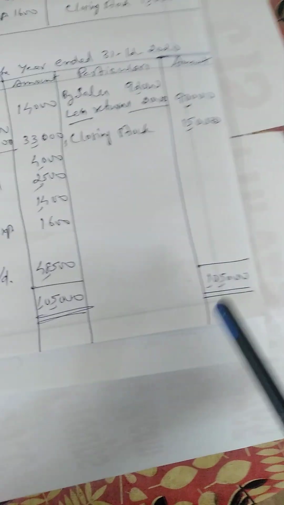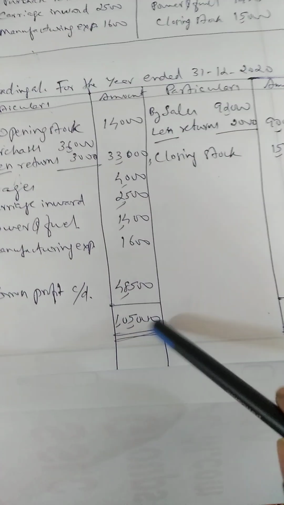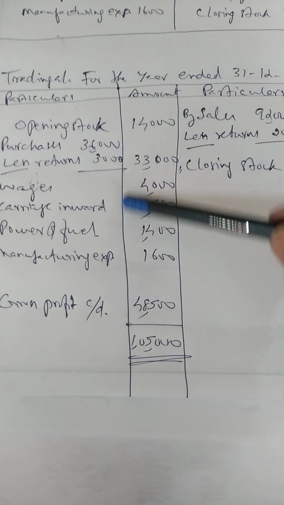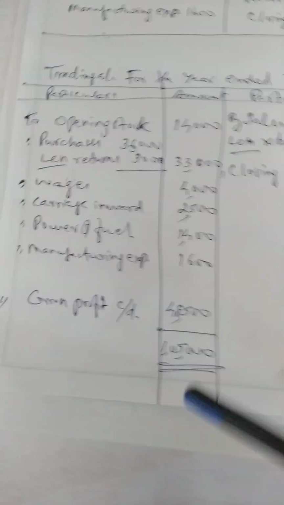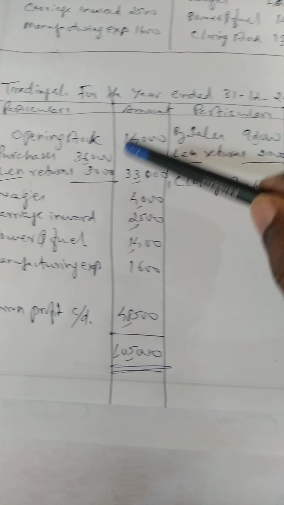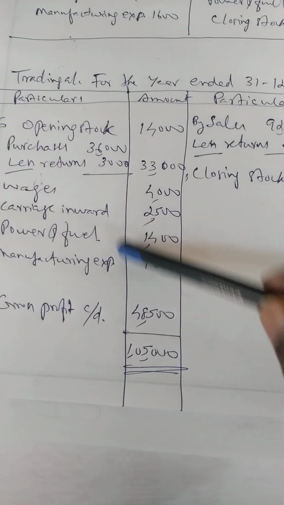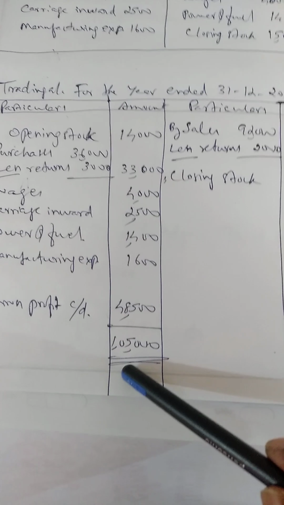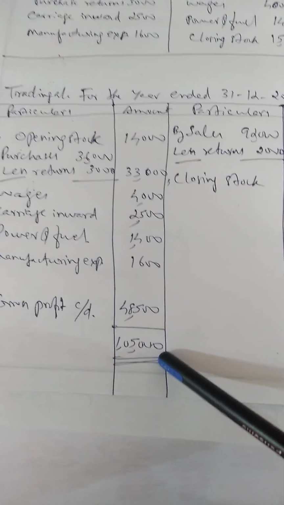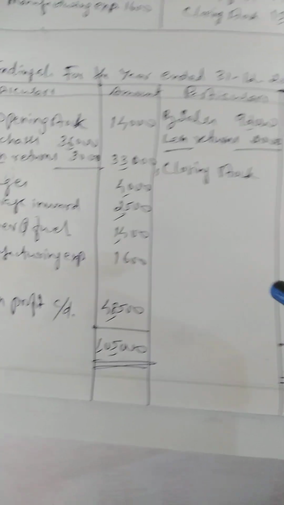The amount should be shown on the same line. Thereafter, deduct the items on the debit side from this total in your calculator. Deduct all these items from 14,000 to 1,600, from this total amount of 1,05,000. Then you get 48,500.